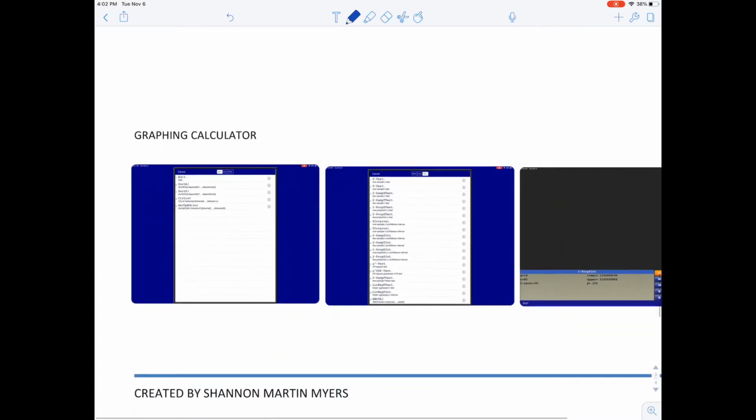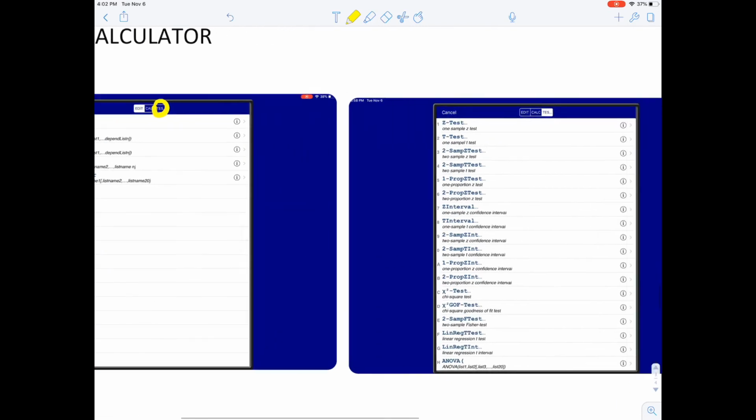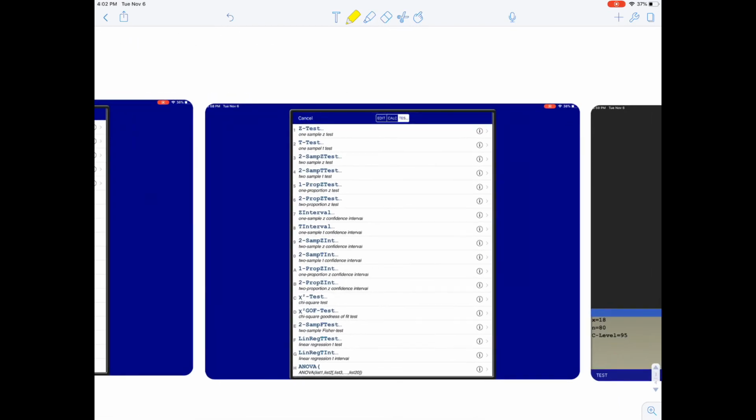Okay, so just to recap, this is what happens. When you go to the stat menu on your calculator, you want to select test, okay? So this next one represents the test menu, and on the test menu, we're doing a 1 proportion z interval, which is A. Okay?